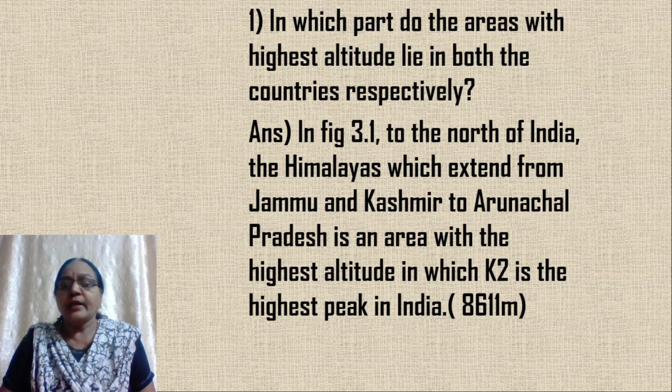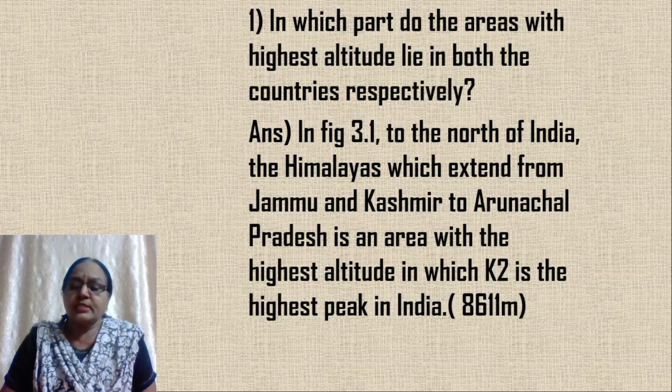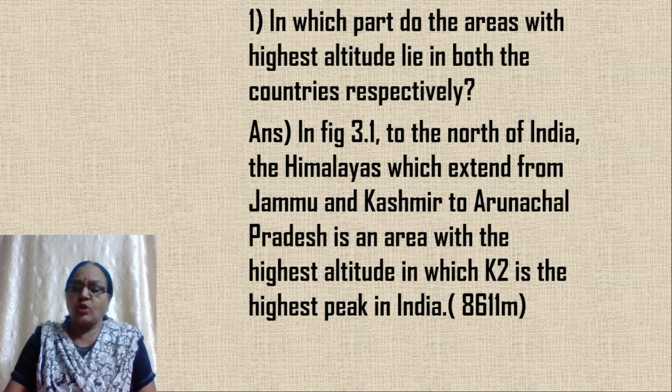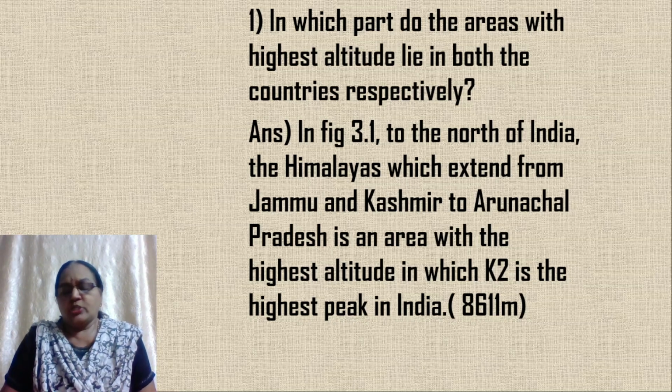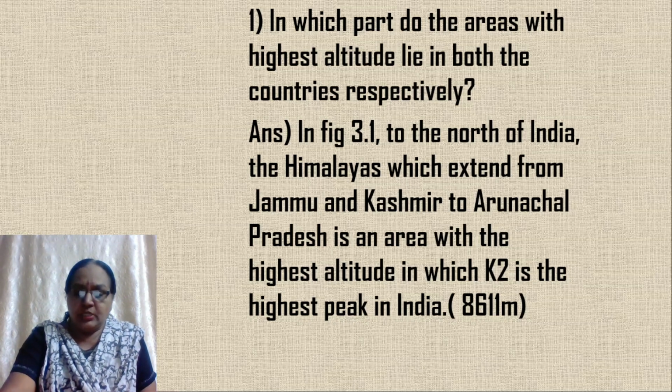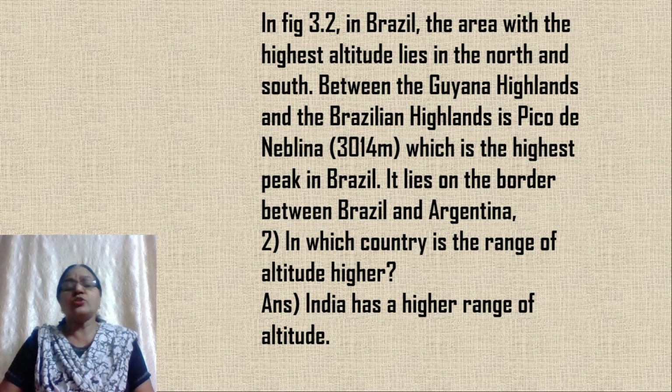The highest altitude in India is K2, with its height as 8,611 meters. So the highest altitude in India is K2 peak, which has a height of 8,611 meters.